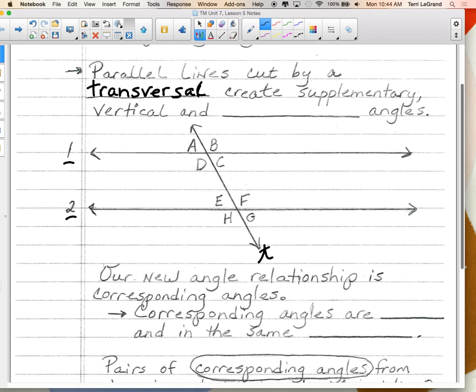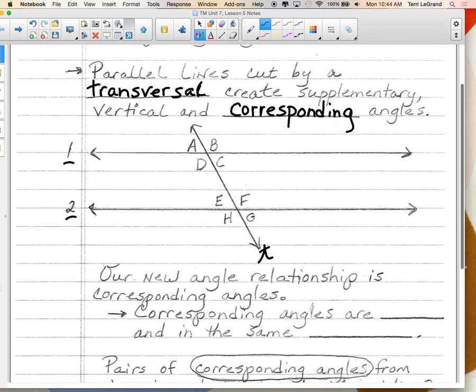When we have parallel lines cut by a transversal, that creates supplementary angles and vertical angles, which we've already talked about, and it creates corresponding angles. In this drawing, we've identified all the vertical angle relationships and all the supplementary angle relationships.